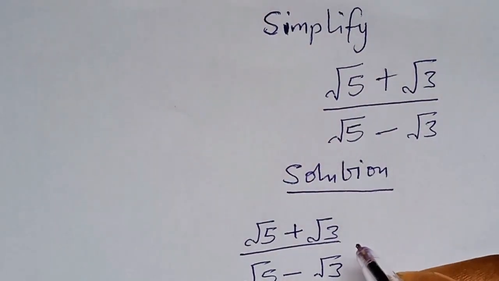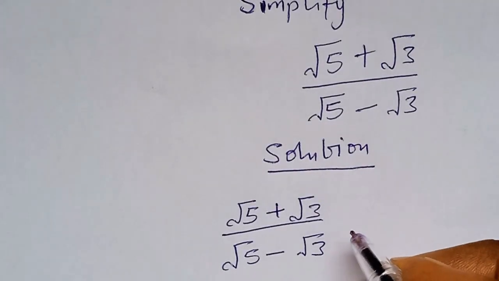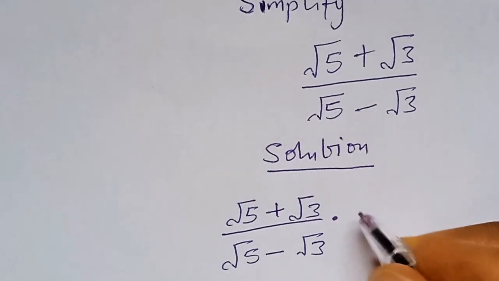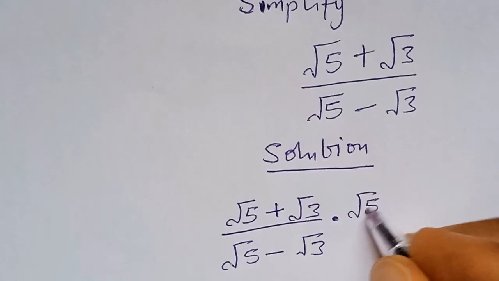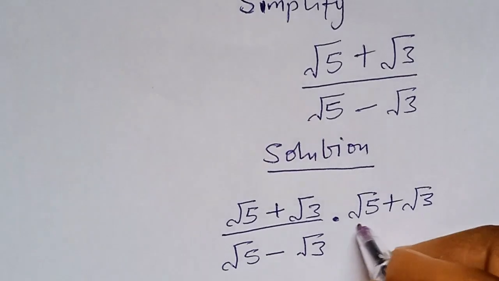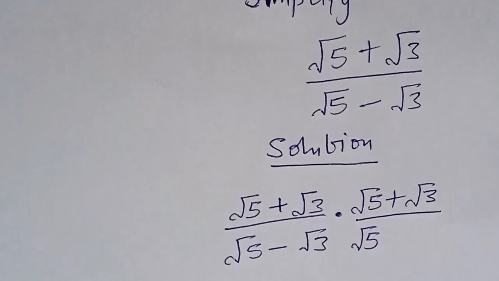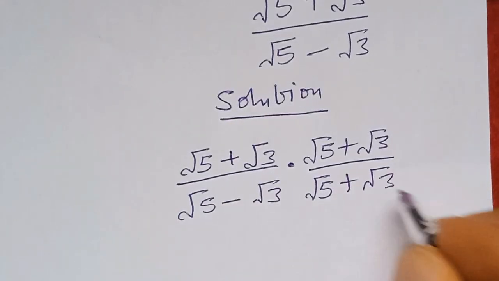This way we'll be able to rationalize and simplify it further. So multiply by square root of 5 plus square root of 3 over square root of 5 plus square root of 3.